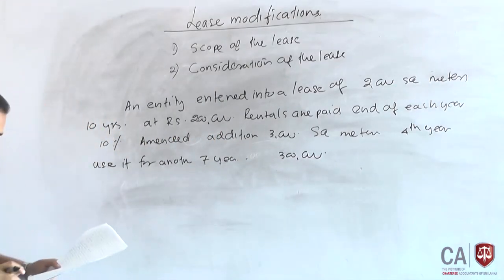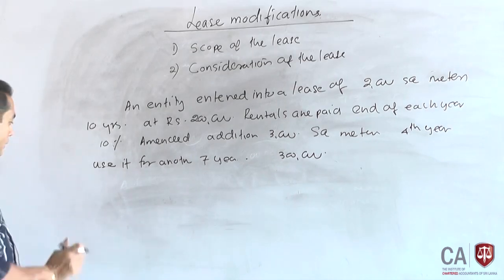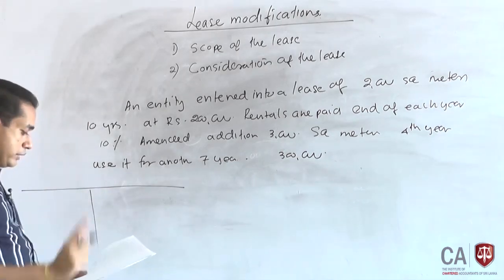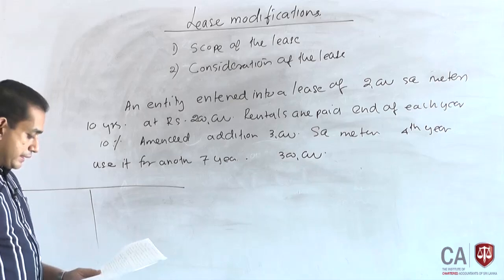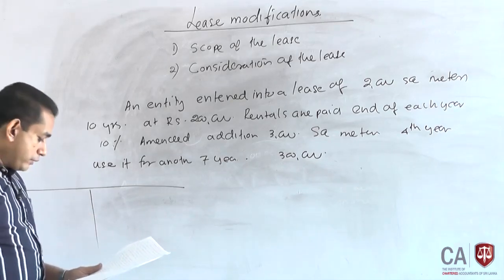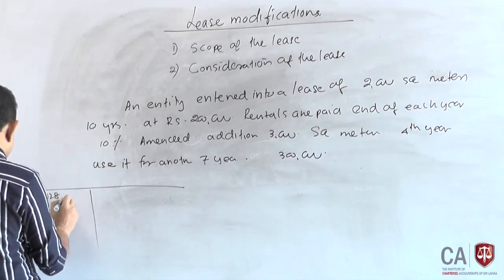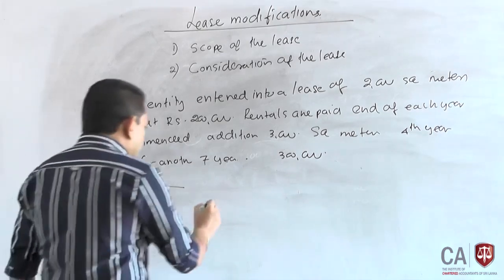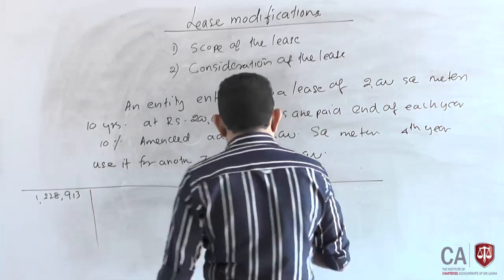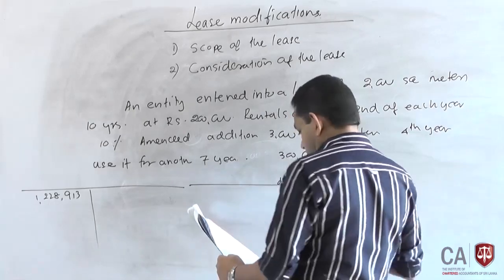Now, originally what you must do is take the right of use asset and lease liability based on 200,000 rental over 10 years, and take the annuity factor at 10%, and that becomes 1,228,913 debit to right of use asset and credit to lease liability, 1,228,913.